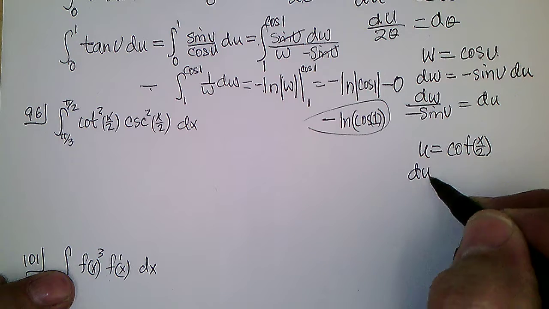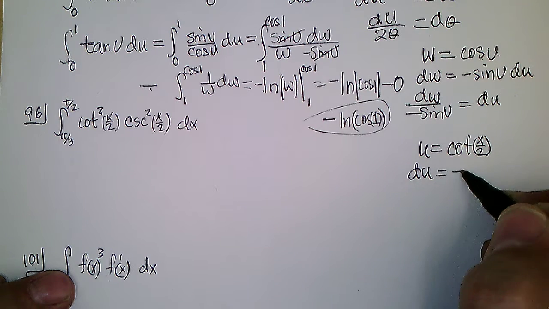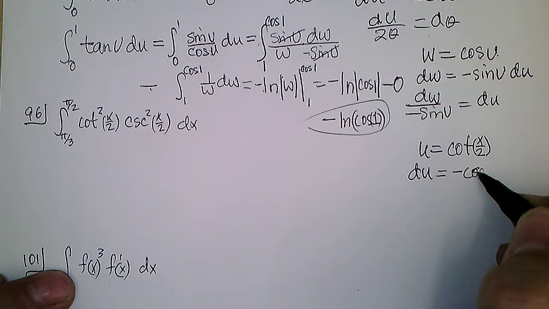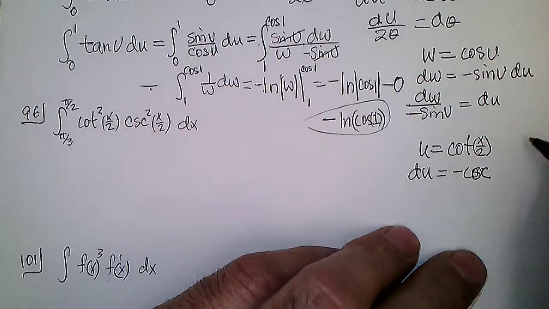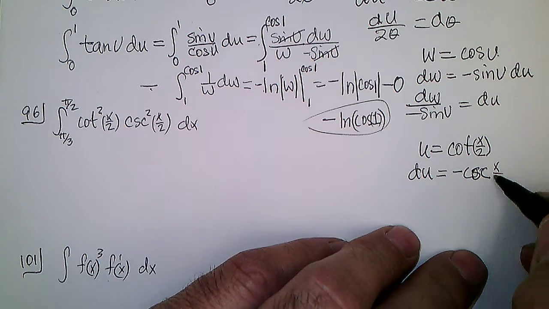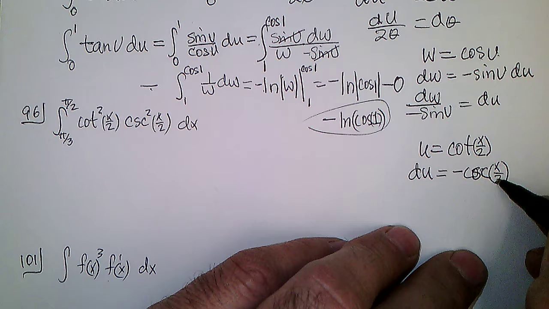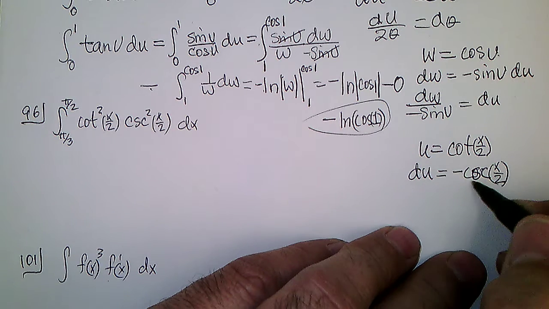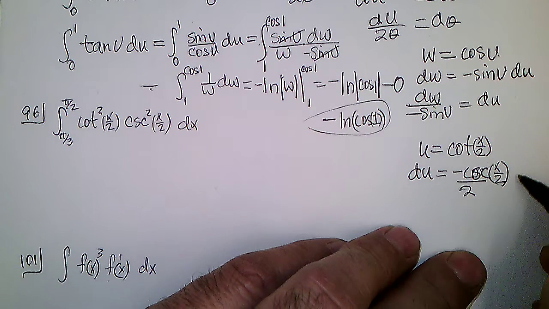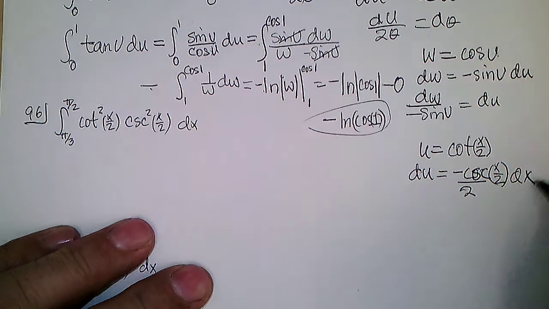So du would be the derivative of cotangent, negative cosecant of x over 2 times the derivative of the inside, which is 1/2 dx.